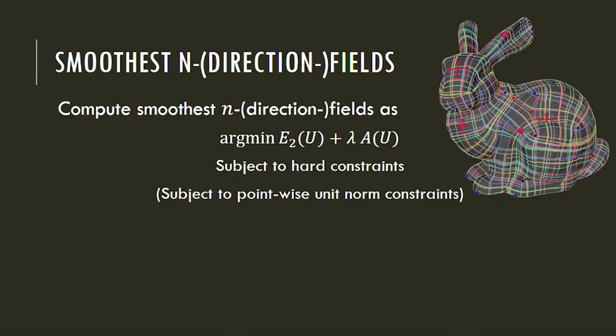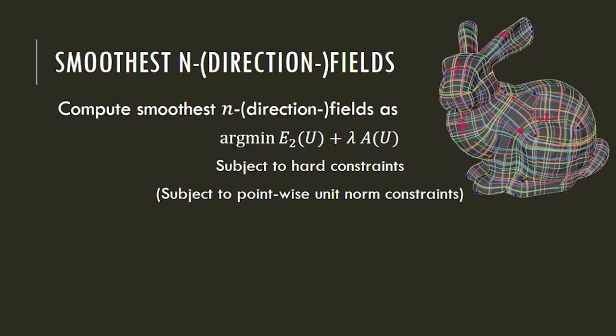So with this energy in hand, we can finally say what actually happens when the user chooses some hard constraints. Then we generate a field which minimizes this biharmonic energy, plus possibly an alignment energy term, which I will explain later, subject to hard constraints. And in the case of n-direction fields, we have these pointwise unit norm constraints.